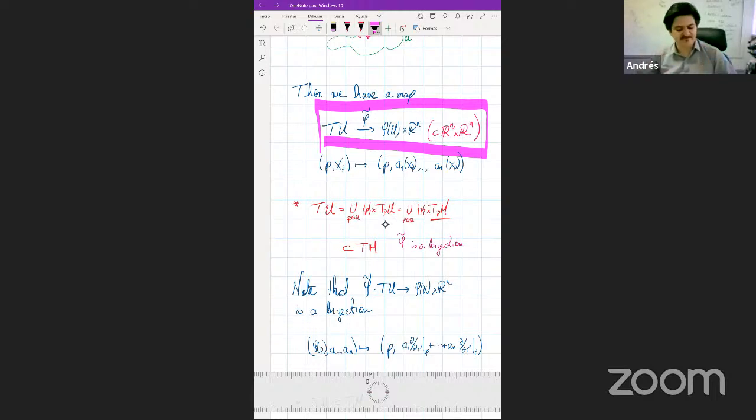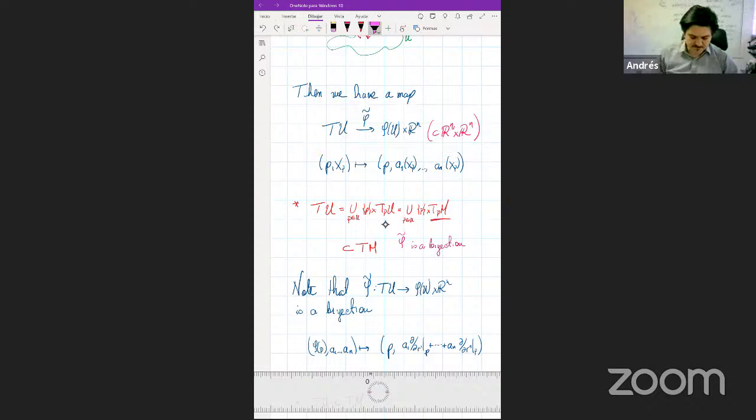That's all I have. But now, the first thing that we need to do is to define a topology on TM. And the topology that we're going to define on TM is in the following manner.